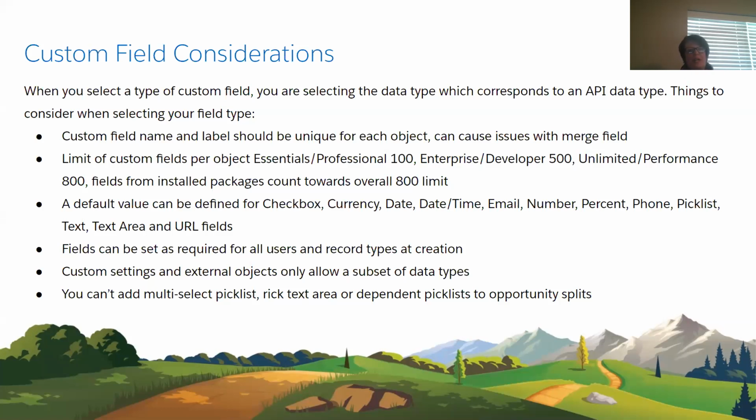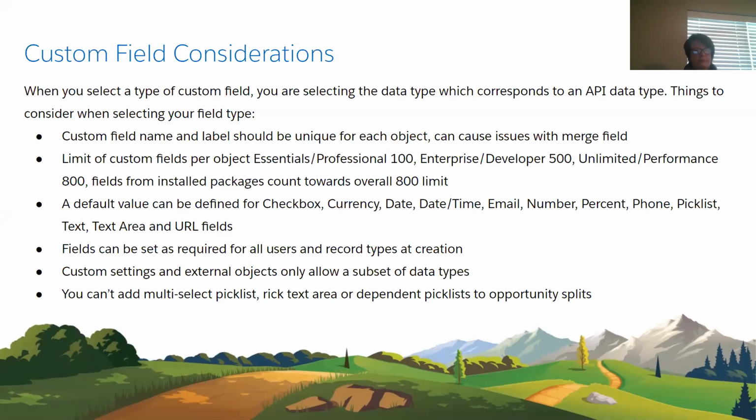You can also define a default value for checkbox, currency, date and date time, email, number, percent, phone, picklist, text area, and URL fields. You can set your fields as required when you're creating a custom field, but this does make it required for all users and all record types for that particular object. So that's an important distinction.